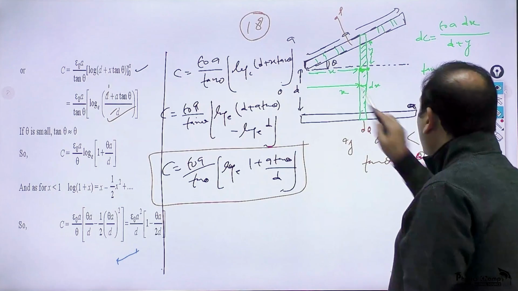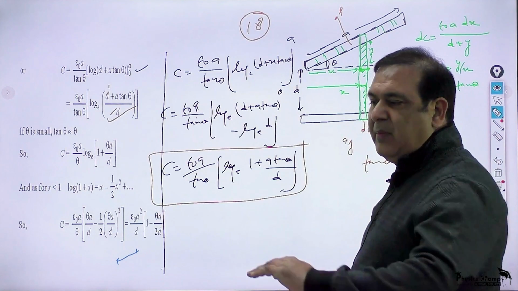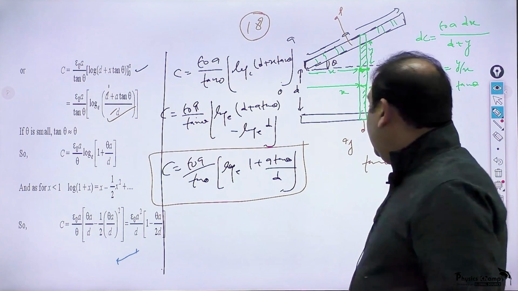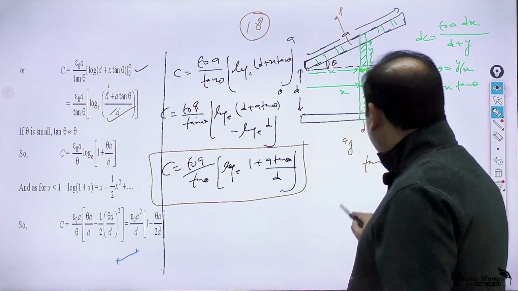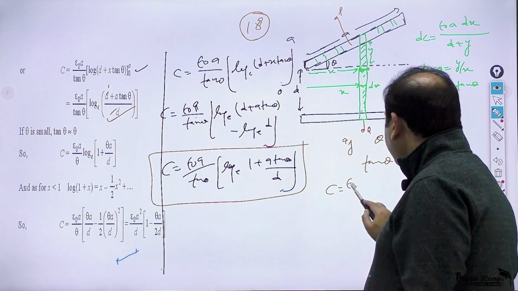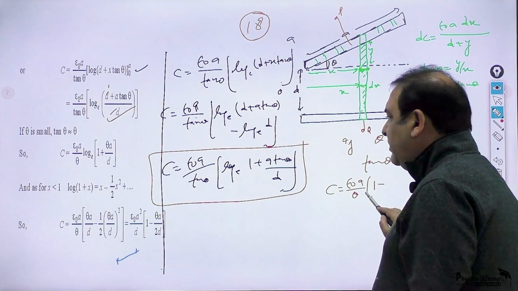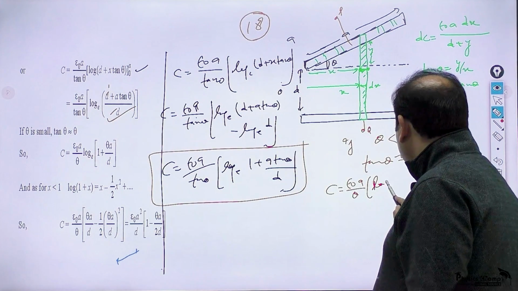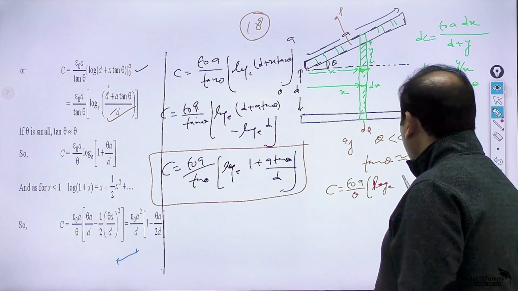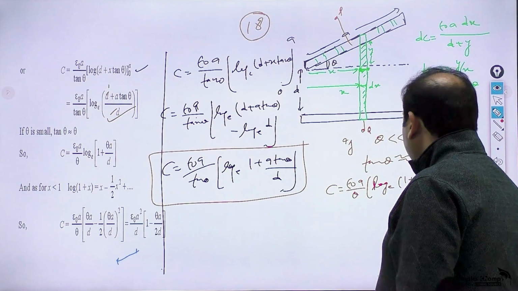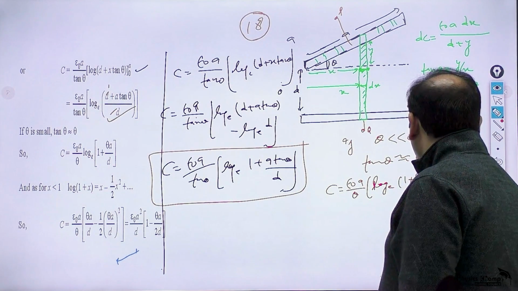This is for a small angle, maybe 1 degree, 0.5 degree, like that. So there the capacitance would become epsilon naught a by theta into log base e of 1 plus a theta by d.